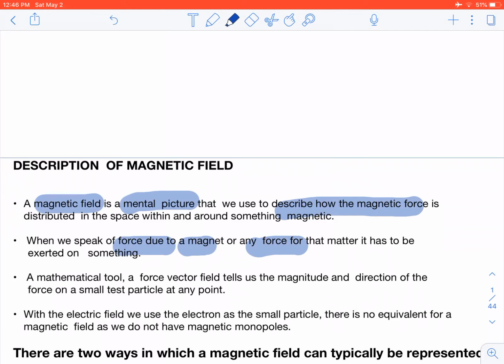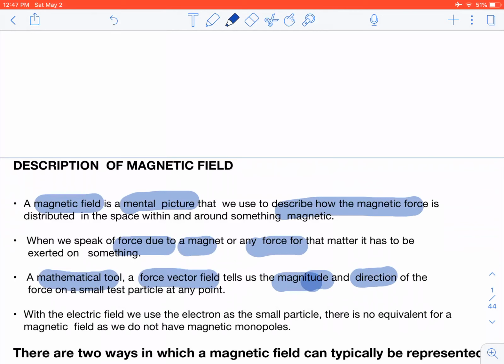So when we're dealing with a magnetic field, we can first look at a mathematical tool which we call a force vector field. I'll talk about this. It tells us the magnitude of the field, and it gives us the direction of the force on a small test particle at any point, right?